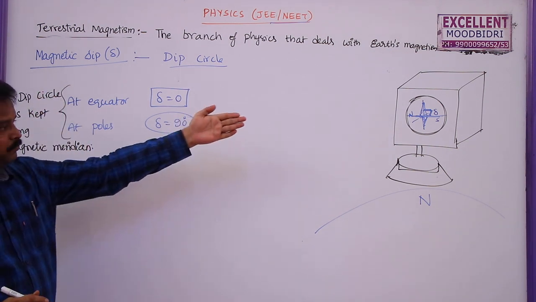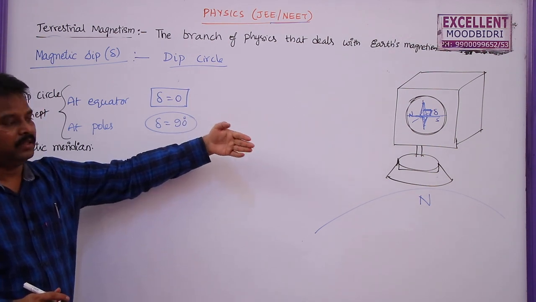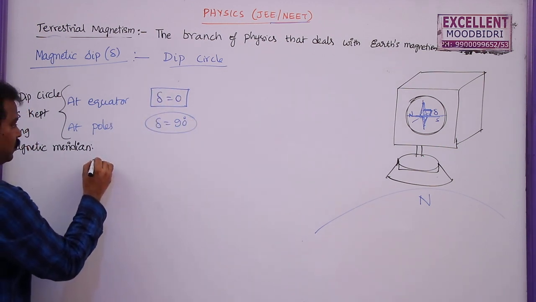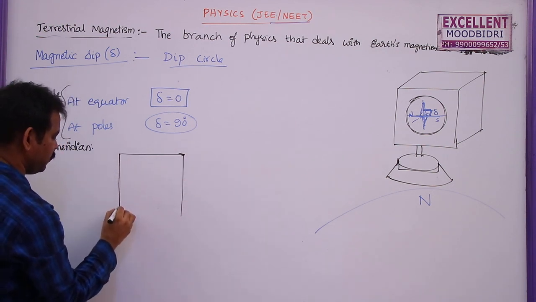If the dip circle is not kept along the magnetic meridian, if it is rotated by an angle, then it cannot measure the exact dip angle. This is the magnetic meridian.